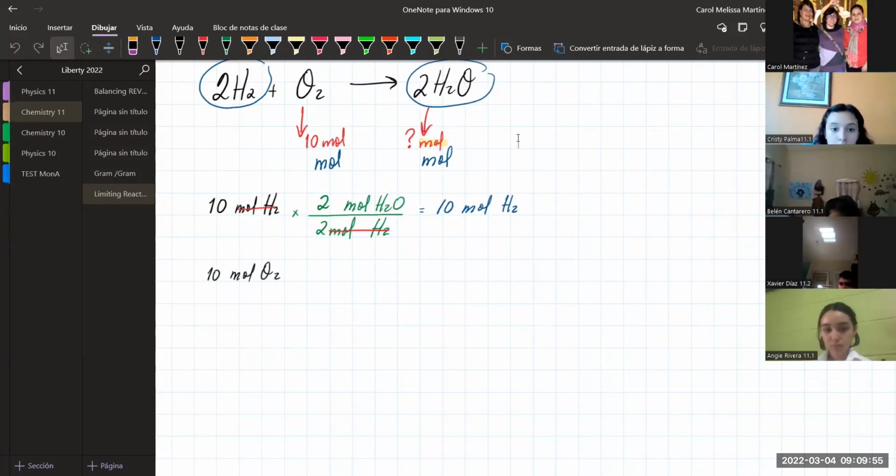What's the mole ratio between oxygen and water? How many moles of oxygen and where? Up or down? 1. Down. 1 mole O2 over 2 water. So in here, you have 10 and 2, 20 moles.